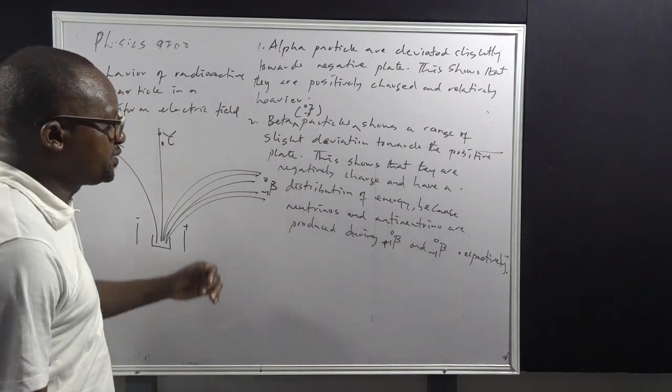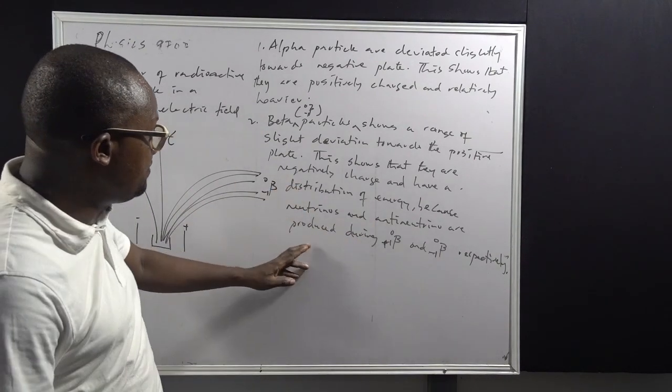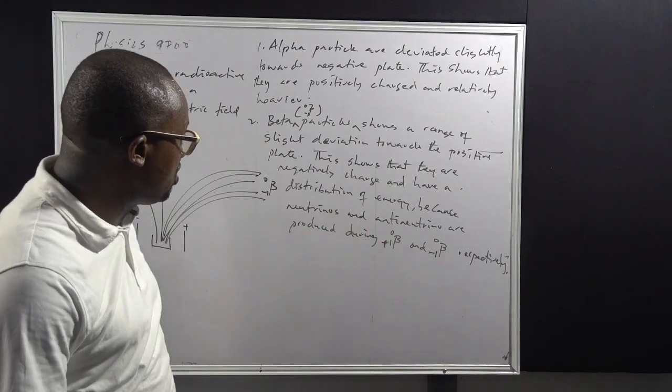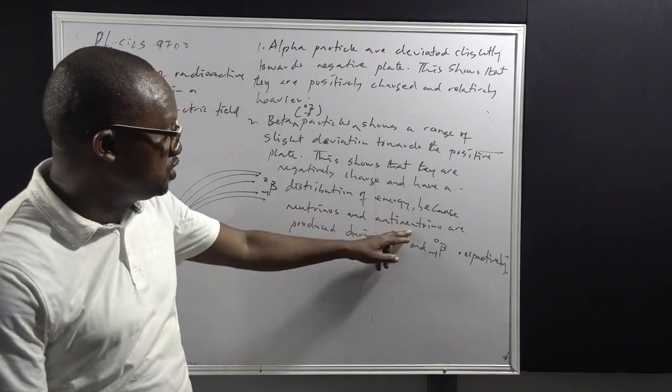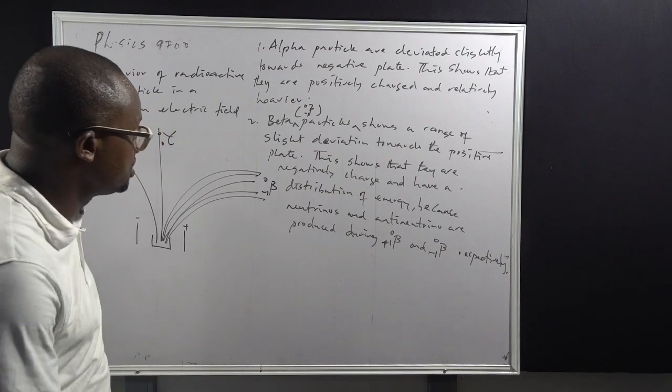So the distribution of energy is one of the things that showed the evidence that whenever beta plus decay occurs and beta minus decay occurs, some other particles are also produced. Those particles were later found out to be neutrinos and antineutrinos.